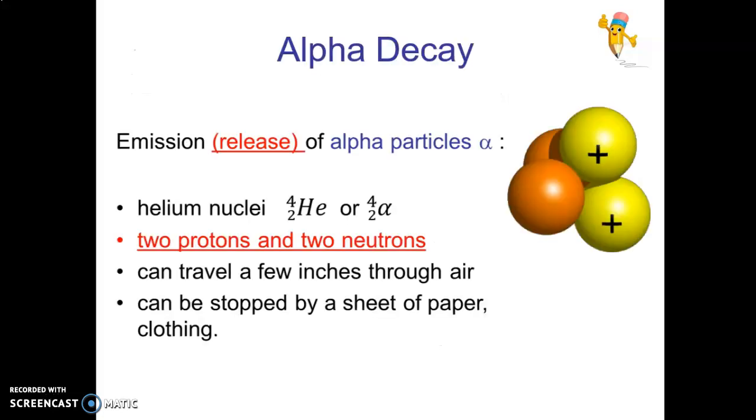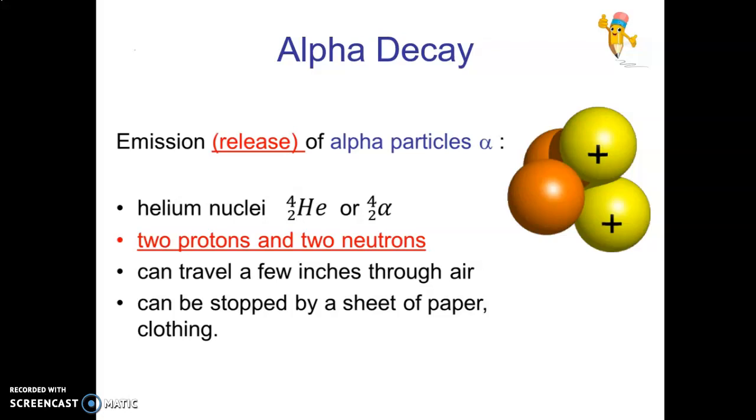So the first one is alpha decay. This is saying that when the nucleus of an unstable isotope is present, then it is going to release what is known as an alpha particle. So let's understand what an alpha particle is. An alpha particle is also the same as helium. So what this is saying is it is going to release a helium particle.